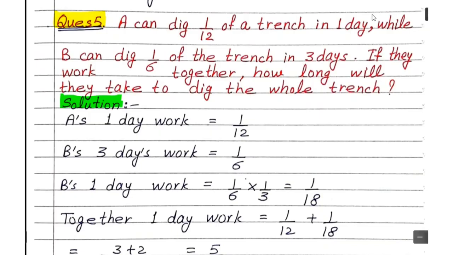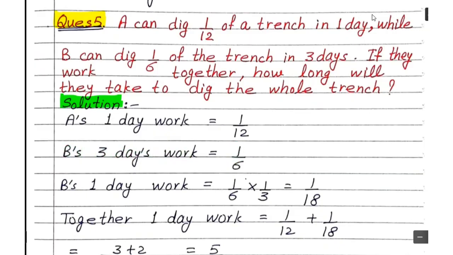Now children, it is given that A can dig 1/12 of a trench in one day. So we can write A's one day work is 1/12. And it is also given that B's 3 days work is 1/6.